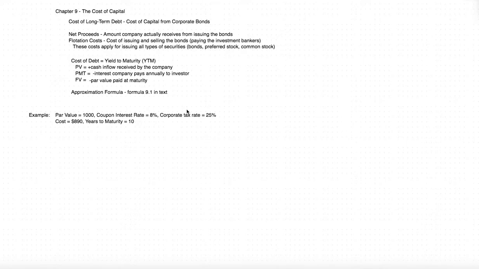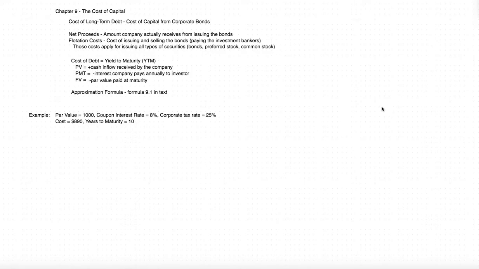We have a coupon interest rate of 8%, a corporate tax rate of 25%. We have cost equal to $890, which is basically the cost or present value of the bonds net of the flotation costs. And we have years to maturity of the bond equal to 10 years.